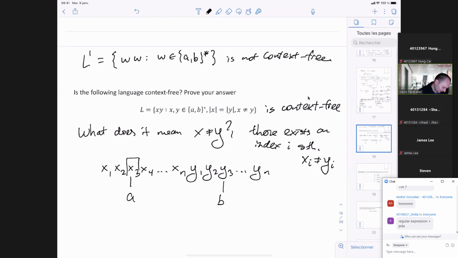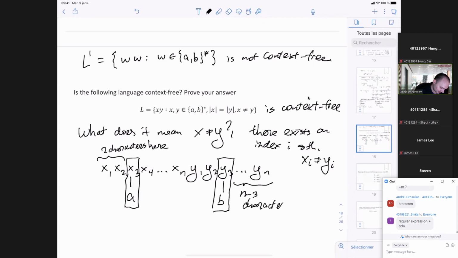So now, based on this index where two strings are different, we want to see what is the relationship between the remaining portions of the strings. And observe what happens. We have two characters here. Then we have n-3 characters here. We have n-3 characters here. And we have two characters here.